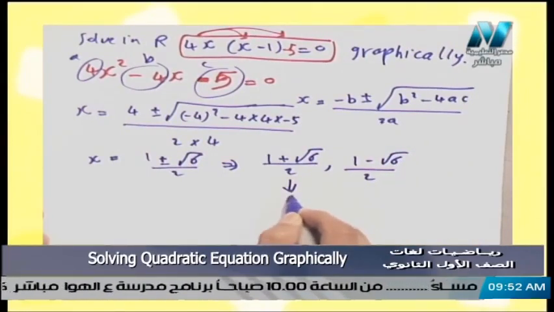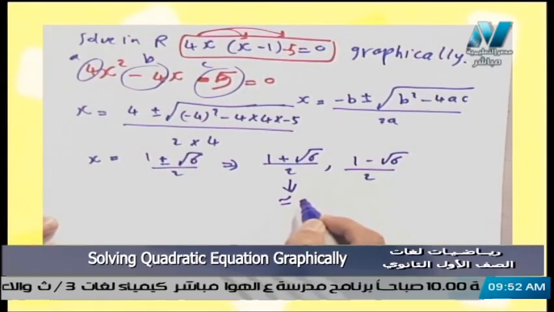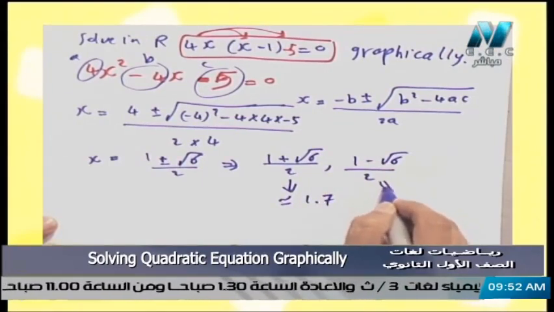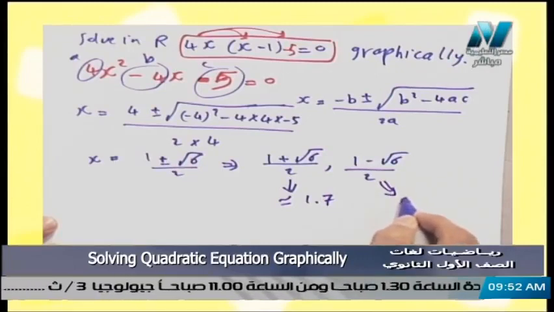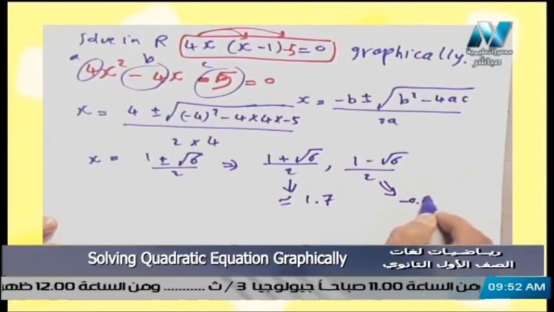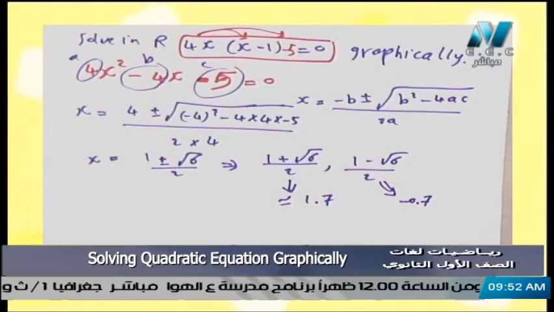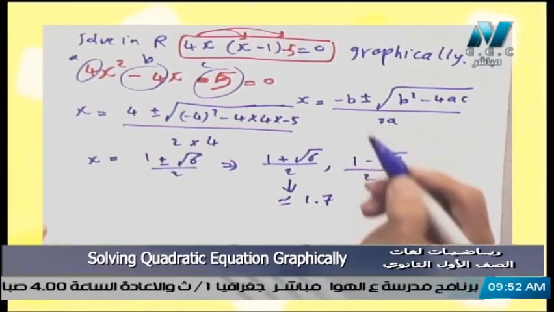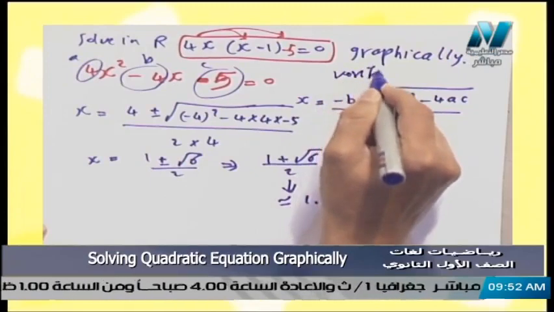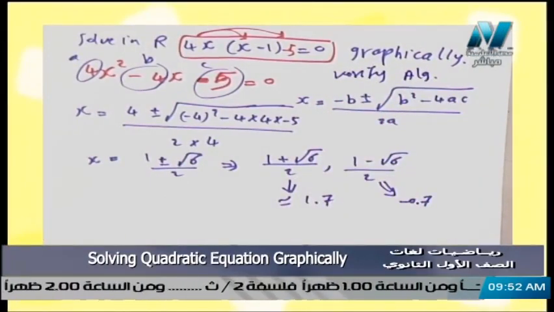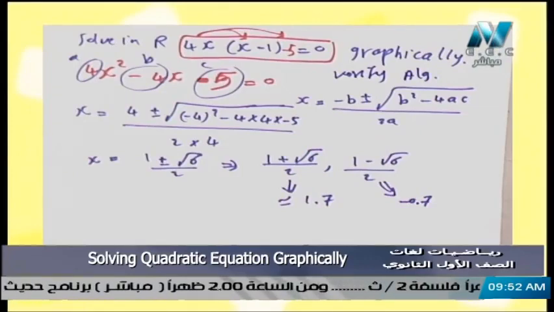And this number approximately equals 1.7, and this number approximately equals negative 0.7. This is the algebraic solution, because you asked me to verify algebraically. Okay, we will return to the solution graphically here.